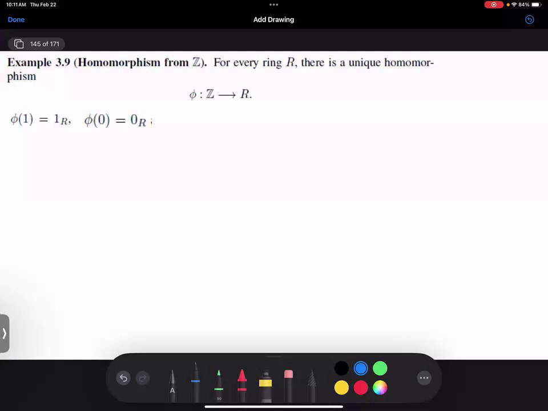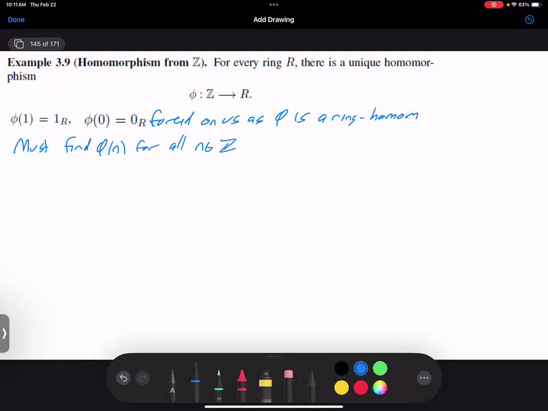These two are forced on us as phi is a ring homomorphism. So we must find phi of n for all n in Z. What do you want to look at? We know phi of 0, we know phi of 1.